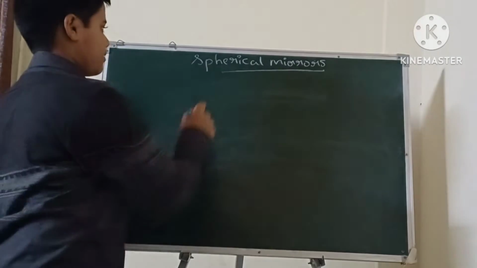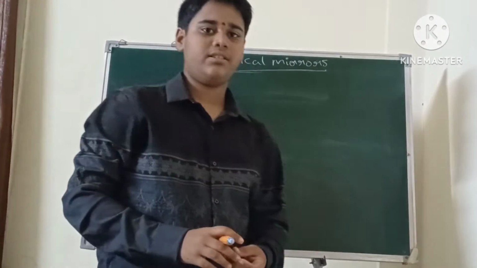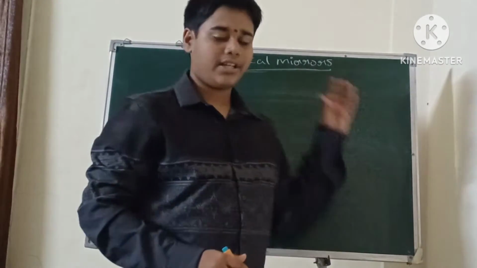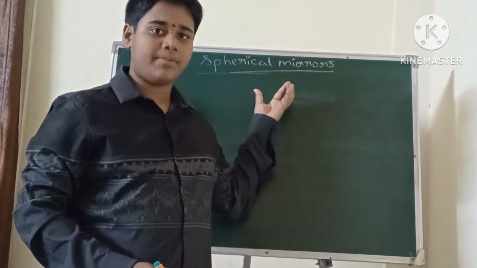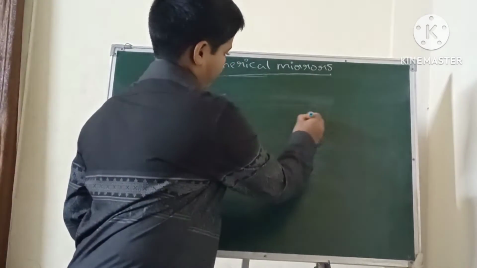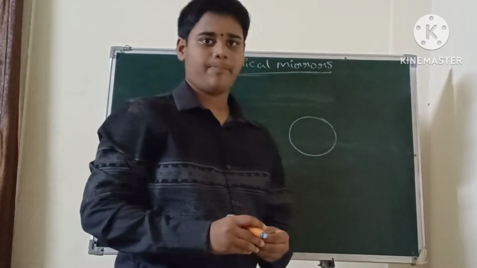In spherical mirrors, what is spherical? We already learned plane mirrors. And what is a spherical mirror? If I take a cricket ball like this, that is called a sphere.